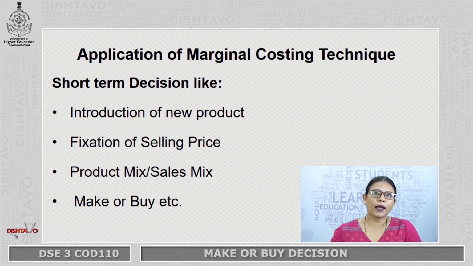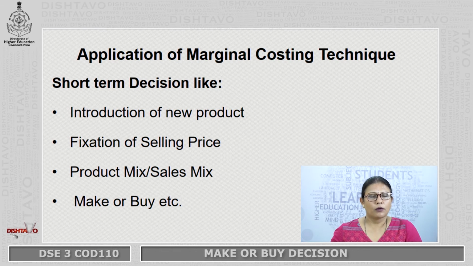Now when can I apply the marginal costing technique? The kinds of decisions which I can take with the help of marginal costing include whether I should introduce a new product. Let us say I already have a restaurant, and in the restaurant there is a menu card, and I want to introduce a new menu or a new food item. Whether it will be feasible for me to introduce it or not is called introducing a new product, and this type of decision can be taken with the help of marginal costing.